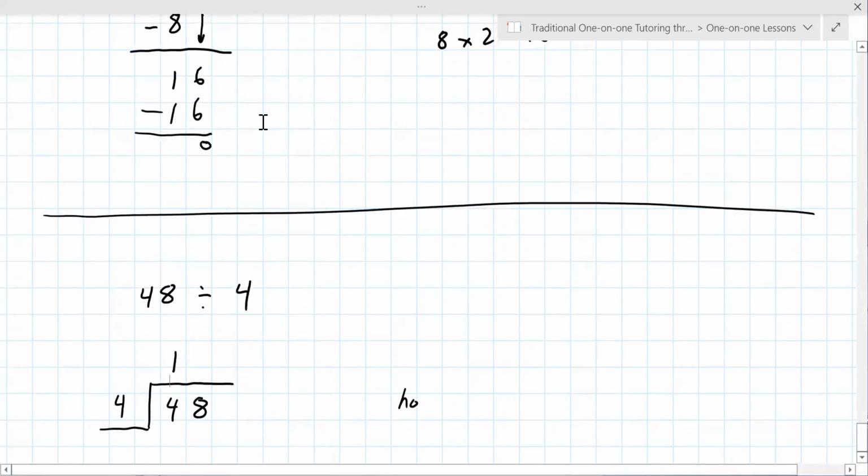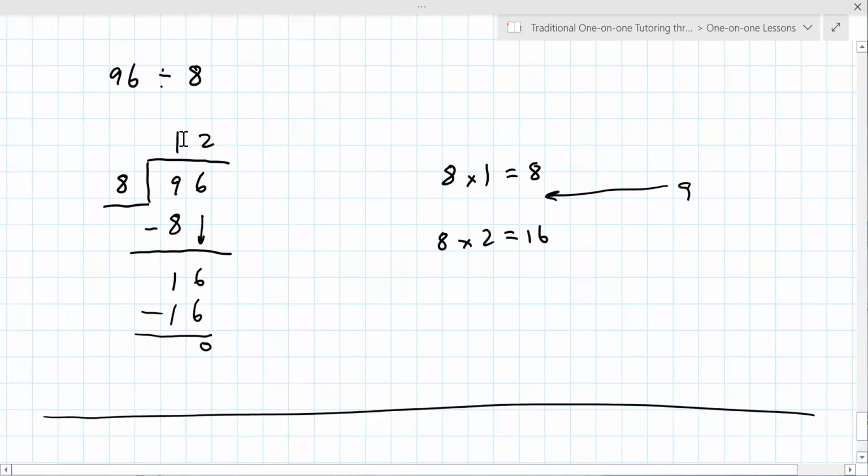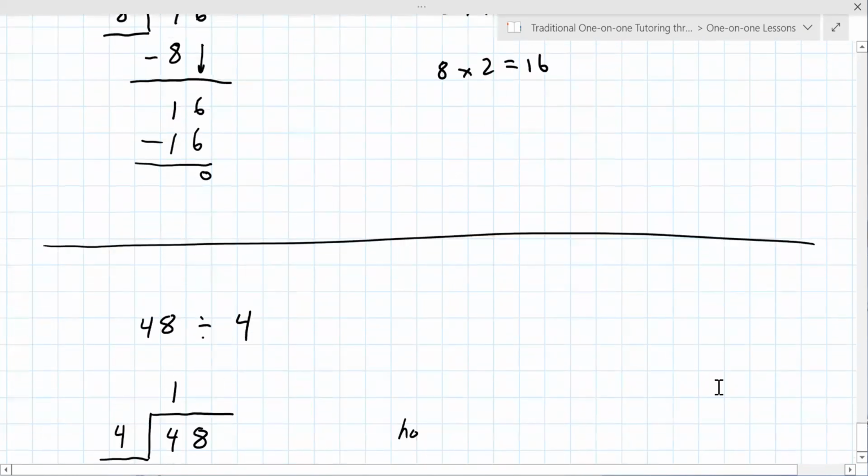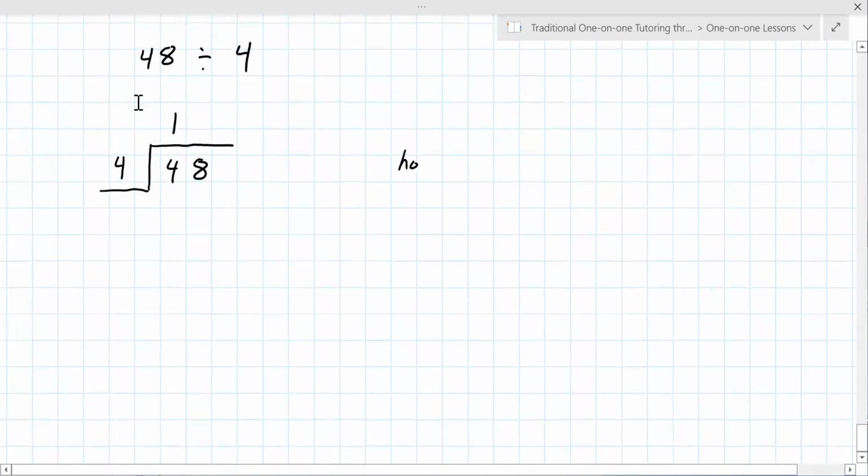Let's go back and look at a previous problem. What did we do in this problem when we put a 1 up here? You multiply them, and then you write the result below. What is 1 times 4? 4.